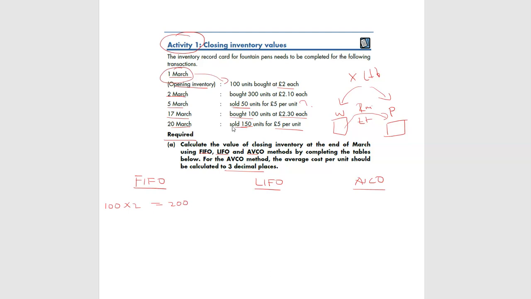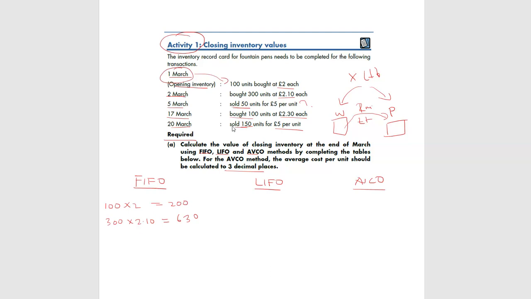On 2nd of March we can see we have bought another 300, and each unit was purchased at £2.10, and that will give me the cost. So 300 times 2.10 is 630. So this is my purchase. There is no issue until now.